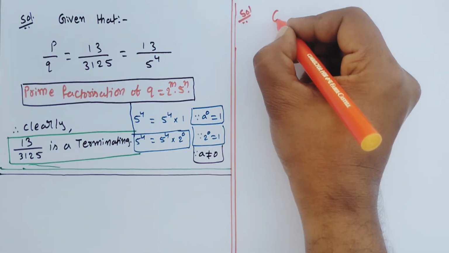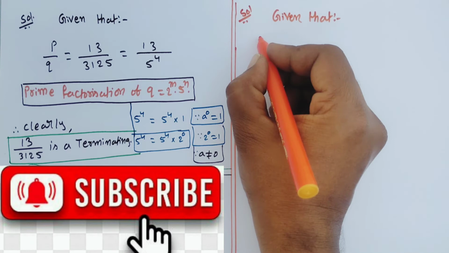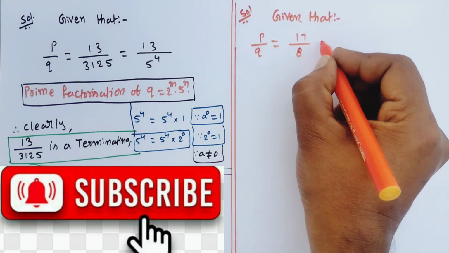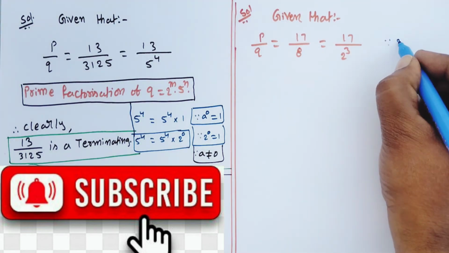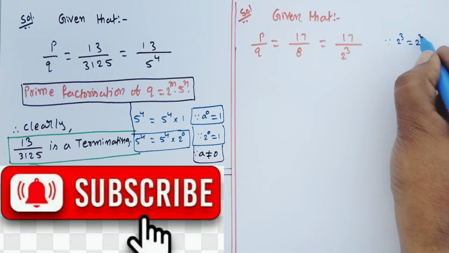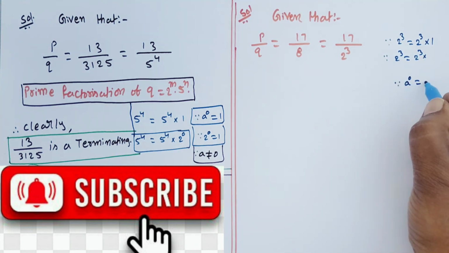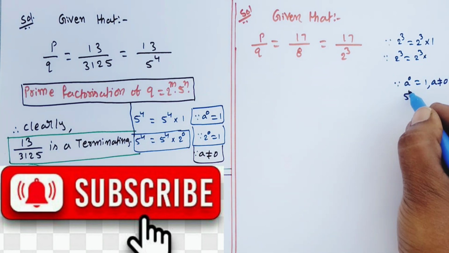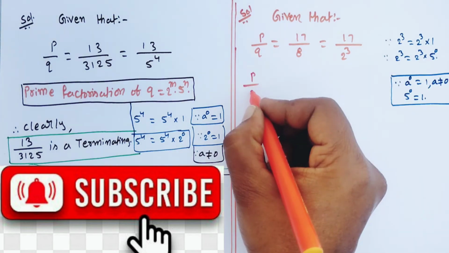Now we take one more solution. Given a rational number p by q that equals 17 by 8. Here the prime factorization of 8 can be treated as 2 power 3. So 2 power 3 can be written as 2 power 3 into 1. We know that a power 0 equals 1, similarly 5 power 0 equals 1. Now in the place of 1, we substitute 5 power 0.